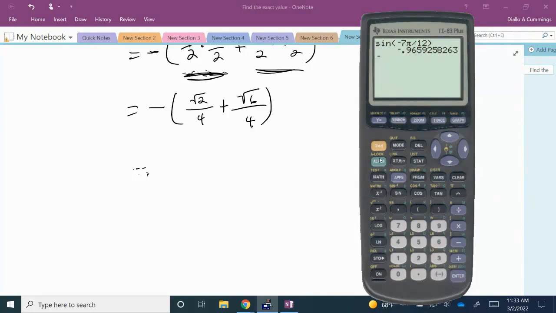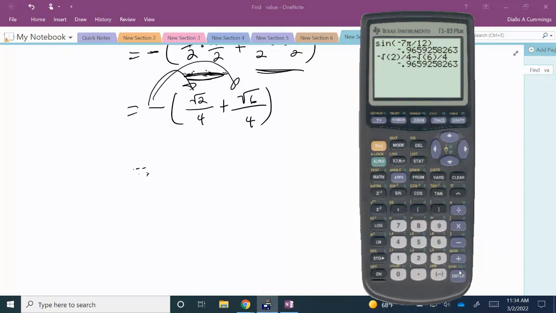All right, so I'm going to put in a negative square root of 2, close off my square root, divided by 4, minus, so remember I did distribute that negative, minus the square root of 6 divided by 4. All right, and we have the exact value.